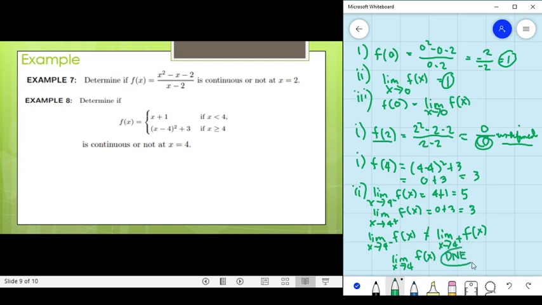So since it does not exist, meaning the second condition is not met or failed. Therefore, we can say that f is discontinuous at x equals 4.